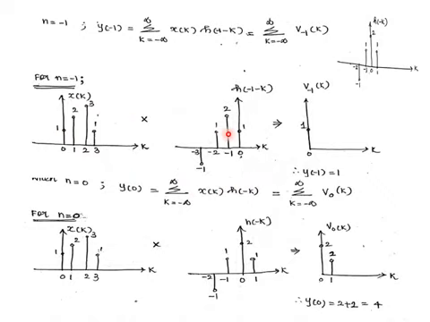It is 1 into 1, its value is 1. As mentioned in the formula, the intermediate product is represented here as v minus 1 of k and as a graph it has been plotted here. Now we have multiplied the amplitudes of these two signals at time instant k is equal to 0. We'll see the other time instants.